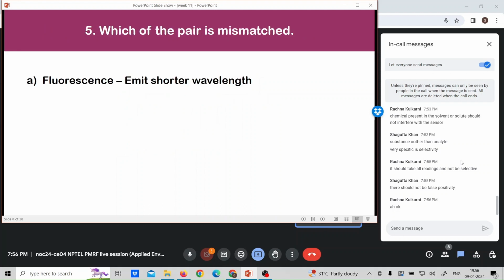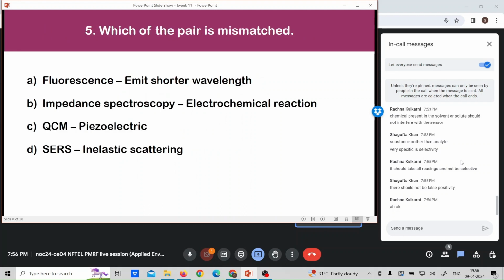Okay, and here you can see the next question. Yes, right, there should not be false positives. Again, if you are interested in the experimental part of whatever we are studying, you can look up all these terms that look similar.